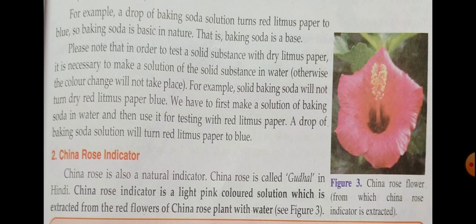First we discuss china rose indicator. China rose is also a natural indicator. China rose indicator is a light pink colored solution which is extracted from the red flowers of the China rose plant with water.